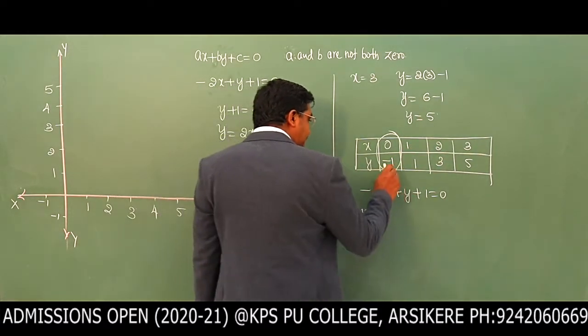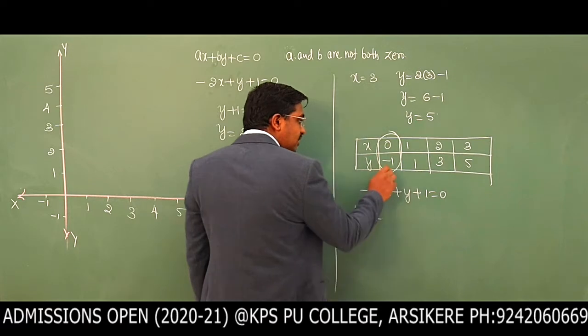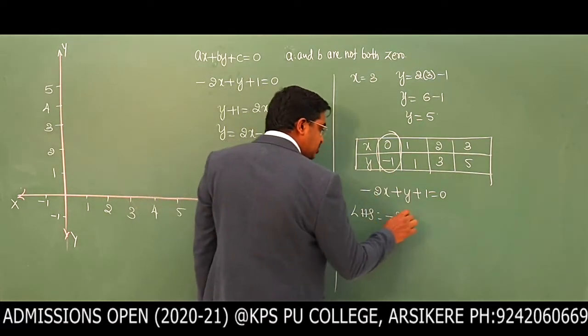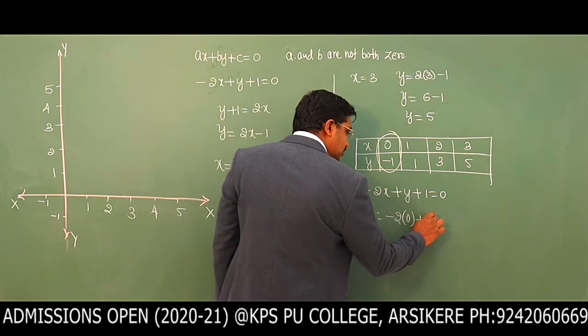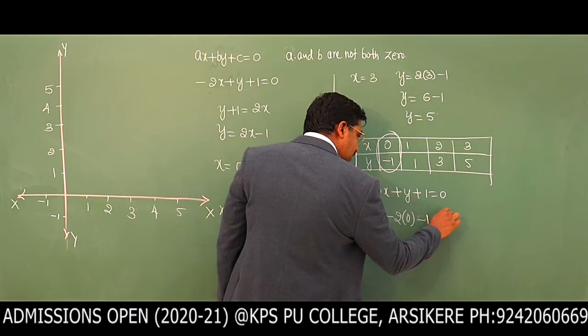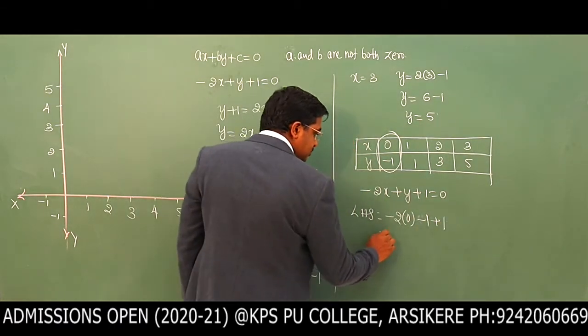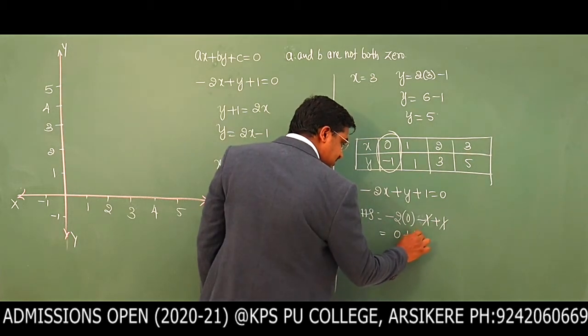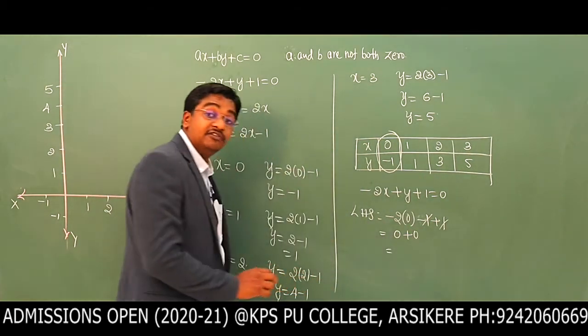I will substitute x is equal to 0 and y is equal to minus 1. So take the LHS of the given equation: minus 2 into 0 plus y, which is minus 1. Minus 2 into 0 is 0. Again plus 1 and minus 1, they get cancelled, and we are left with 0.